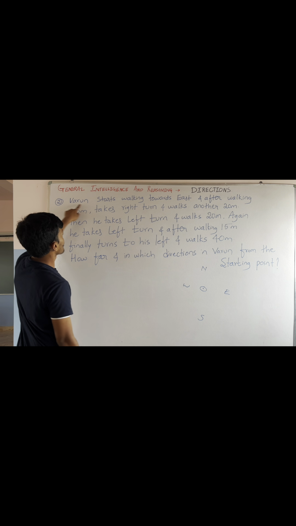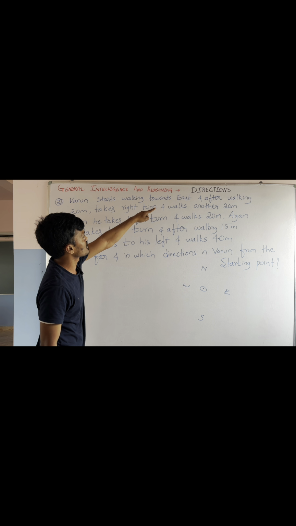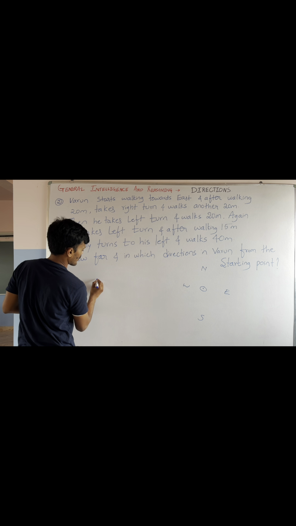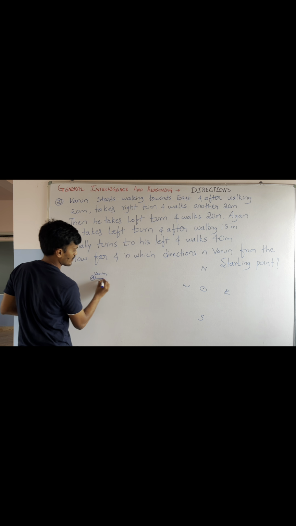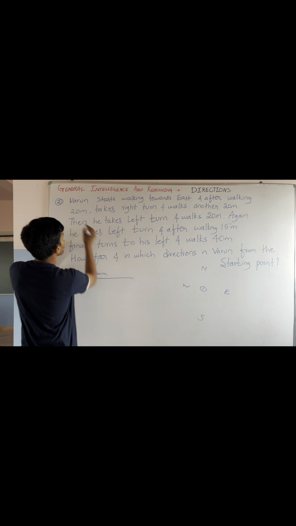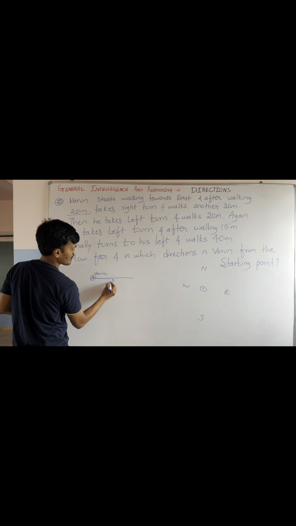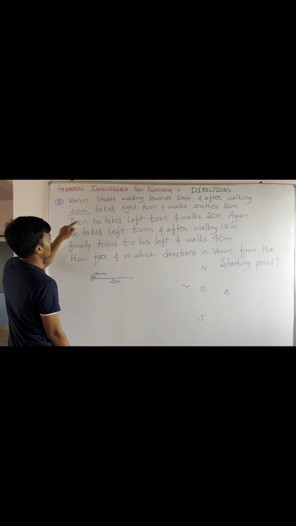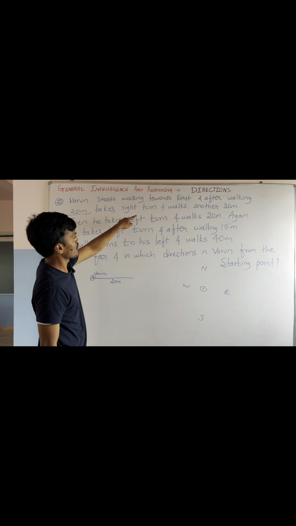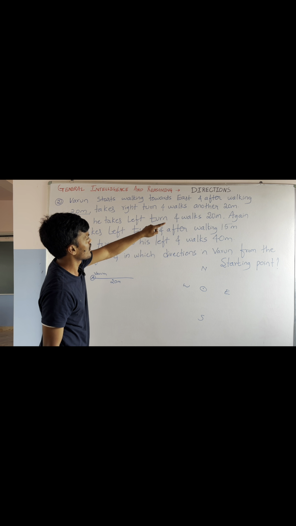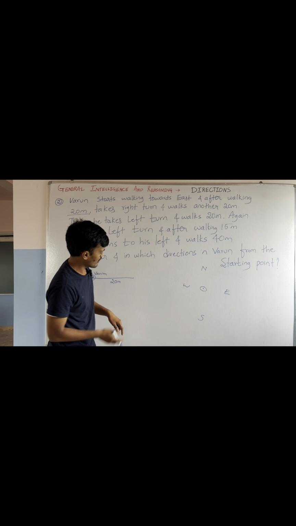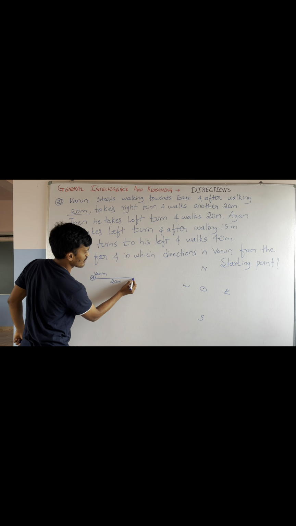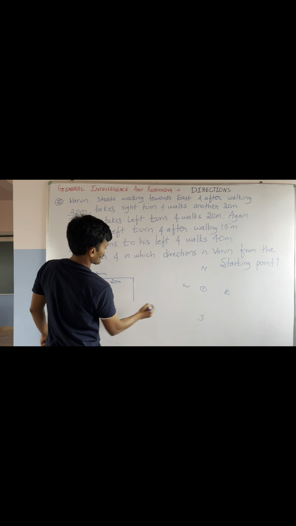Varun starts walking towards the east direction. Varun is at the starting point here, A. It is 20 meter. Takes a right turn and walked another 20 meters. Varun's right turn is downward, 20 meter.